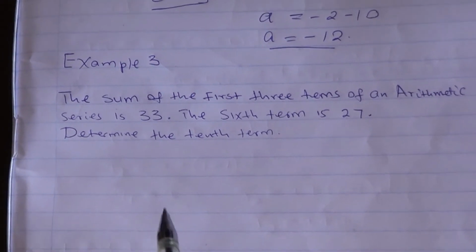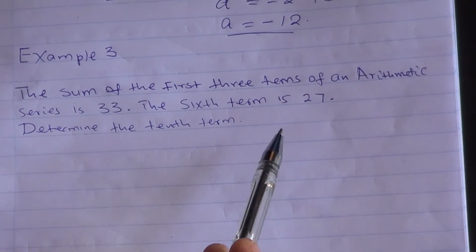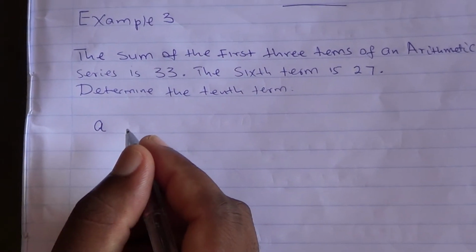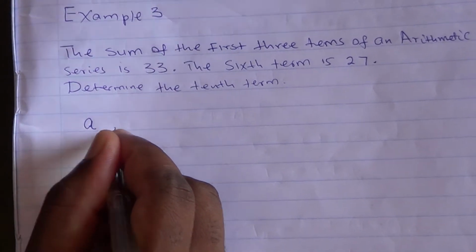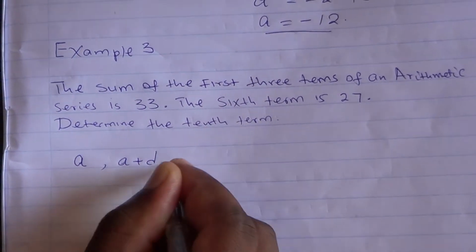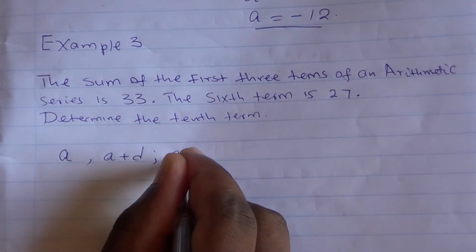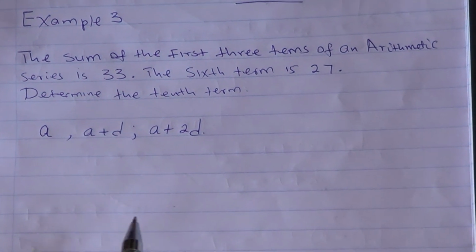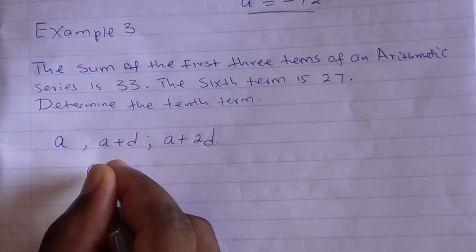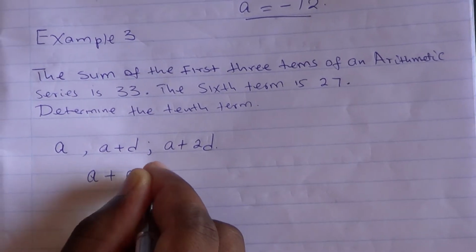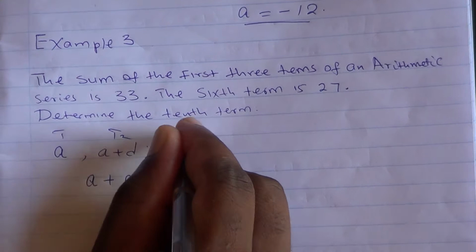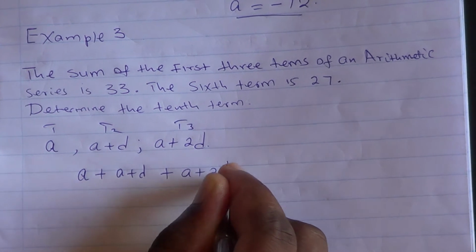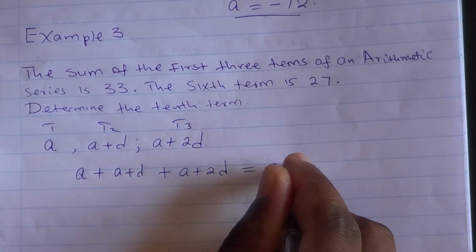The first term is a, the second term is a plus d, the third term is a plus 2d. We are told that the sum of the first 3 terms is equal to 33, meaning a plus a plus d plus a plus 2d is equal to 33.